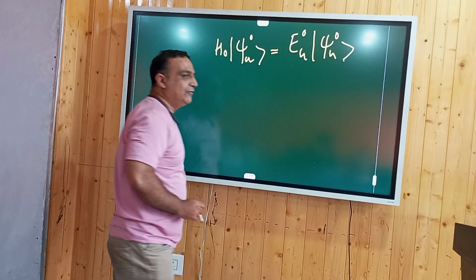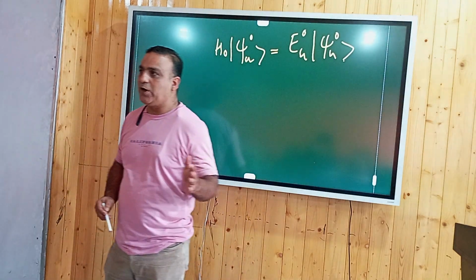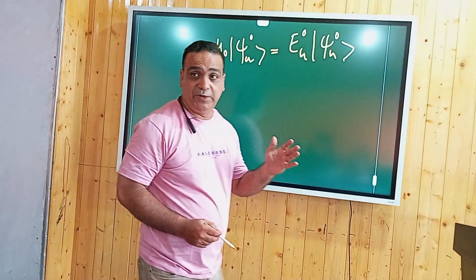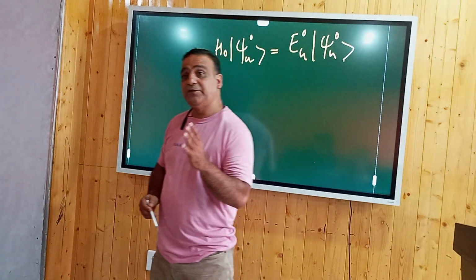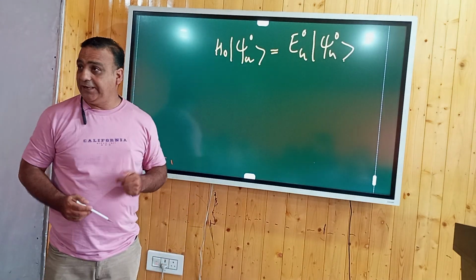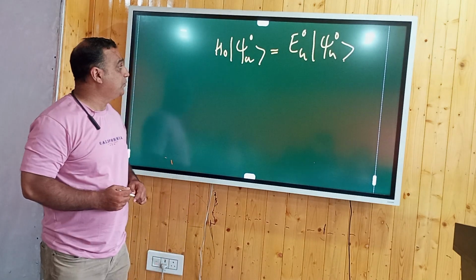And we exactly know how to solve the problems which do not involve any kind of perturbation. The problems which are purely idealistic in nature, we know how to calculate the energy eigenvalues of.